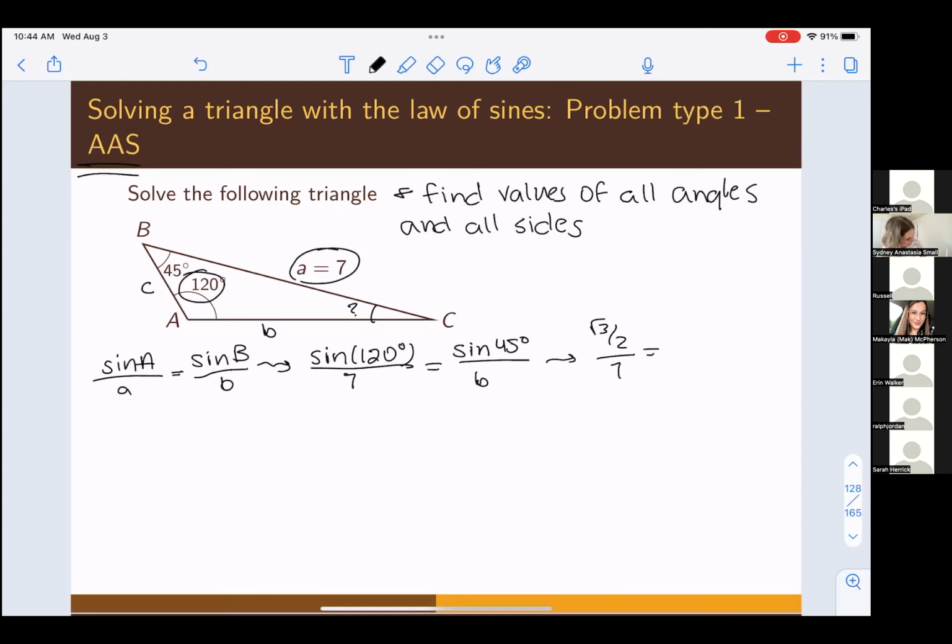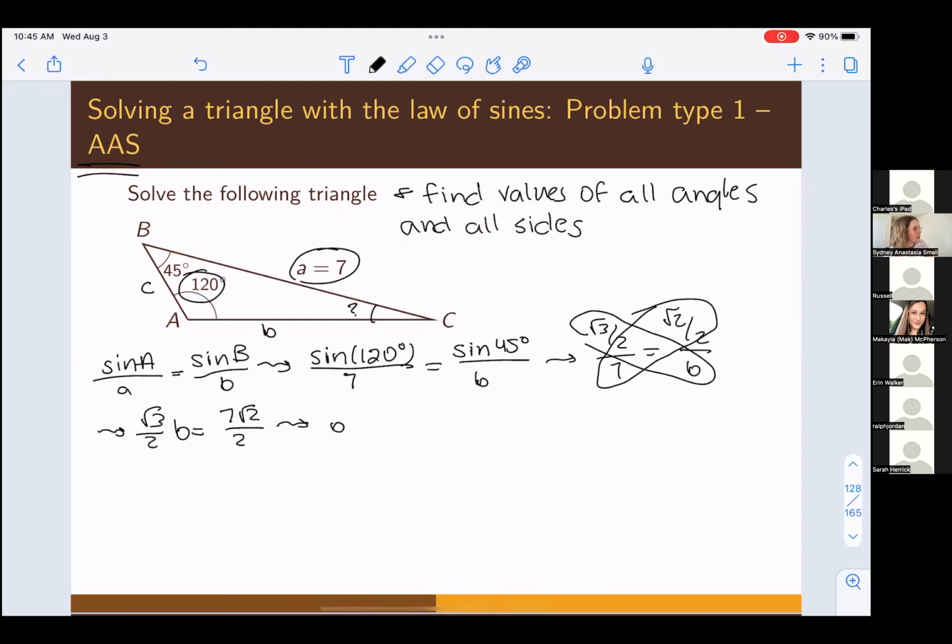is equal to the sine of 45 degrees, which is root 2 over 2, over B. Cross multiplying like this, if you remember, we can do that with fractions, just multiply in an X fashion like that, saves us a step or 2. We get that root 3 over 2 times B is equal to 7 root 2 over 2.